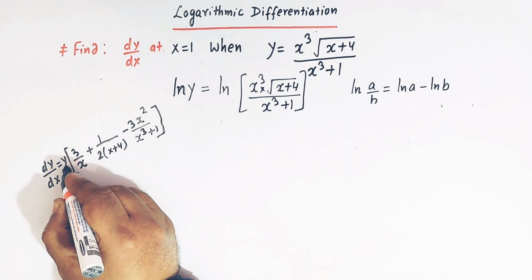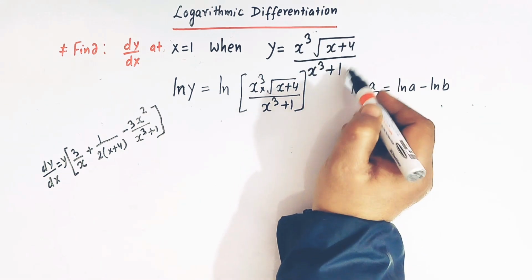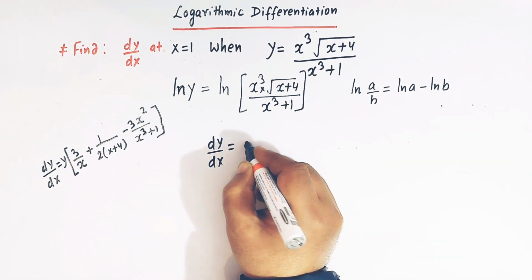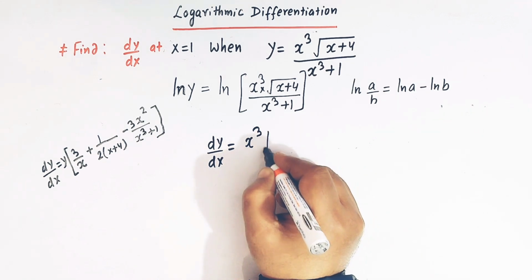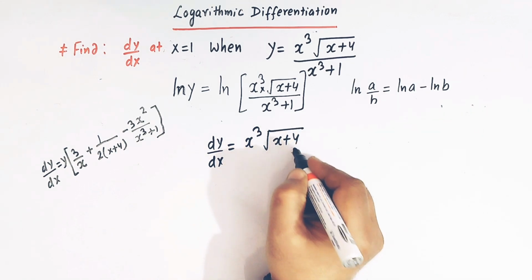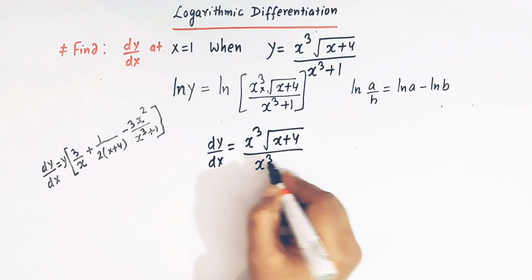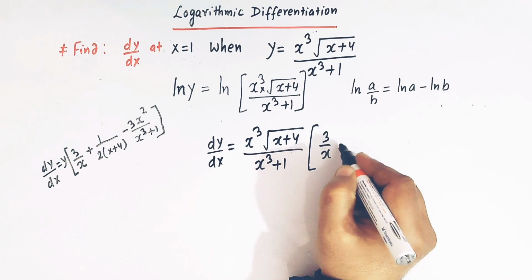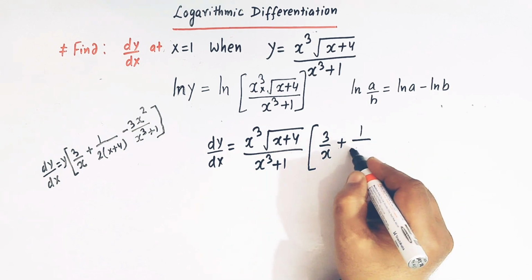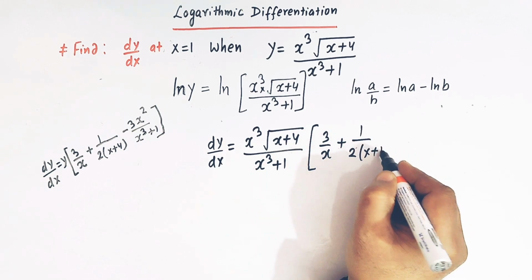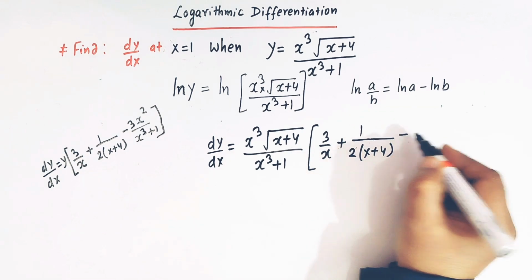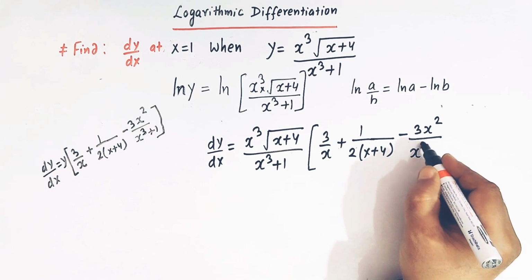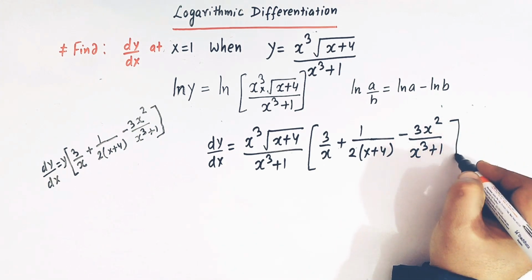So now we can replace this y by this expression. So dy over dx is now equal to x cube times the square root of x plus 4 divided by x cube plus 1 times 3 over x plus 1 over 2 times x plus 4, and then we have minus 3x square over x cube plus 1, right?